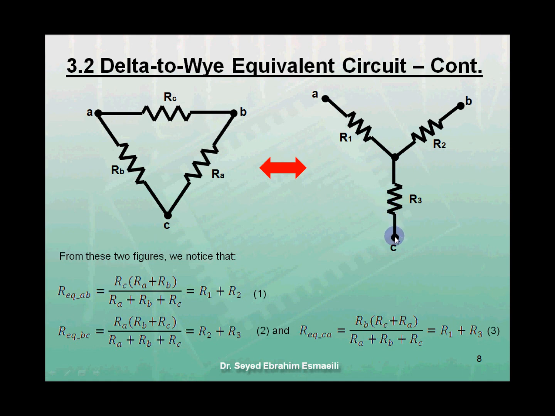This is equation 2. The equivalent resistance between nodes C and A in the delta configuration is equal to RB in parallel with RA plus RC and is equal to R1 plus R3 in the Y configuration, and this is given in equation 3.